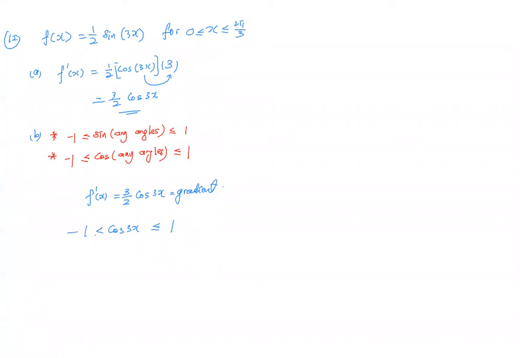Am I right? So therefore, 3/2 cos 3x, this is your f prime x. Highest will be 3/2. Lowest will be -3/2. Done.